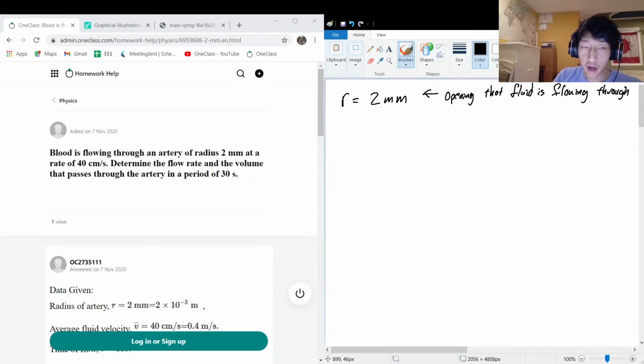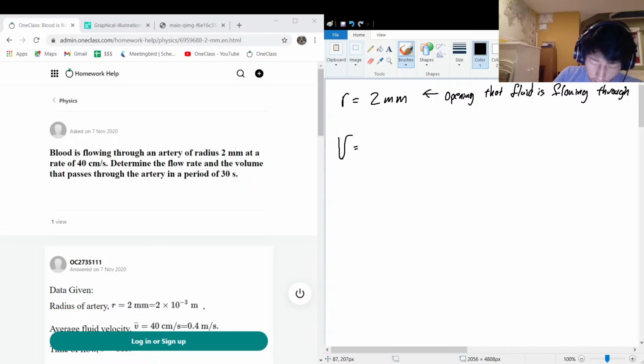Okay, now blood is flowing at a rate of 40 centimeters per second. So I guess linear flow rate, they had it as V, we can keep it as that.